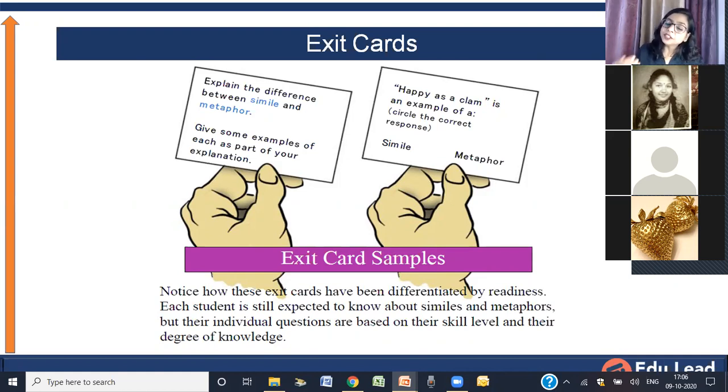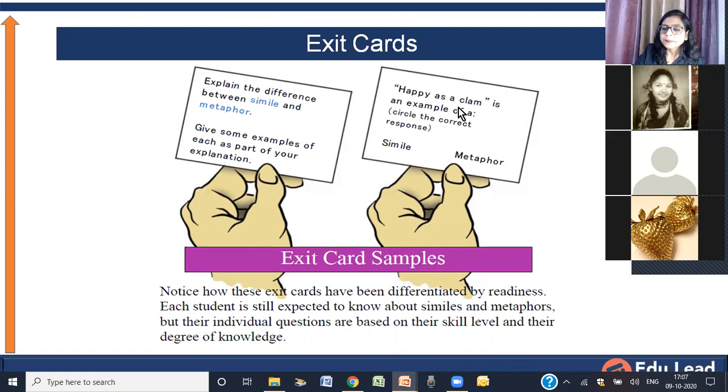Now, how do you differentiate in these exit cards? An exit card has a question on the top and some space provided for the children to write the answer. You can provide different questions to different students which are checking the same concept. The example over here is: explain the difference between simile and metaphor, and give some examples of each as a part of your explanation.